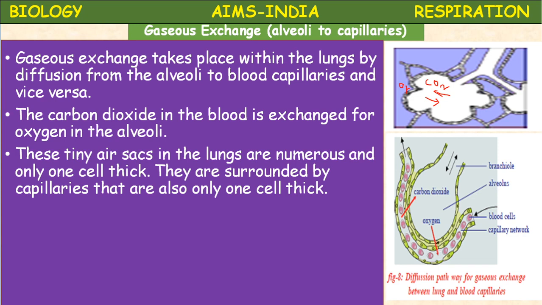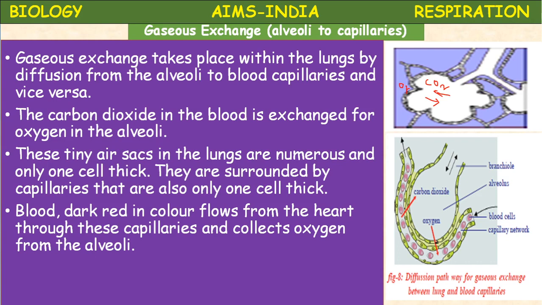The blood cells, RBC particularly, combine or absorb the oxygen. Okay, these tiny air sacs in the lungs are numerous and only one cell thick. They are surrounded by capillaries that are also only one cell thick.